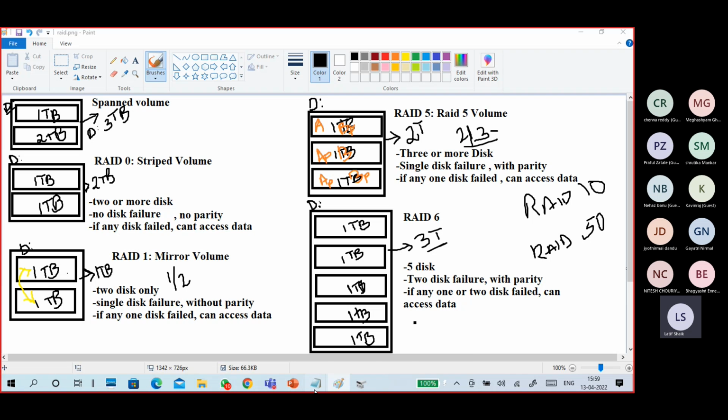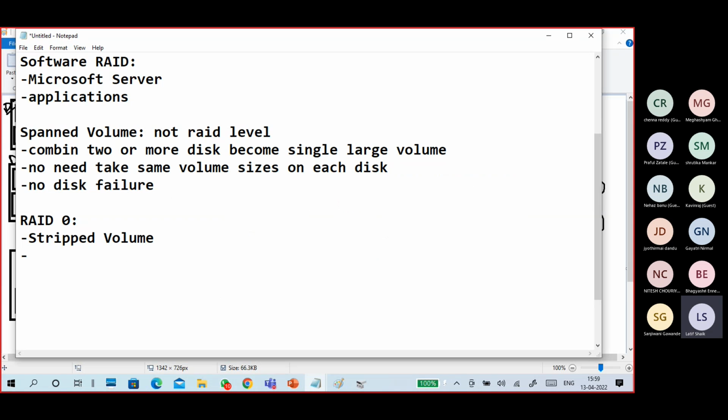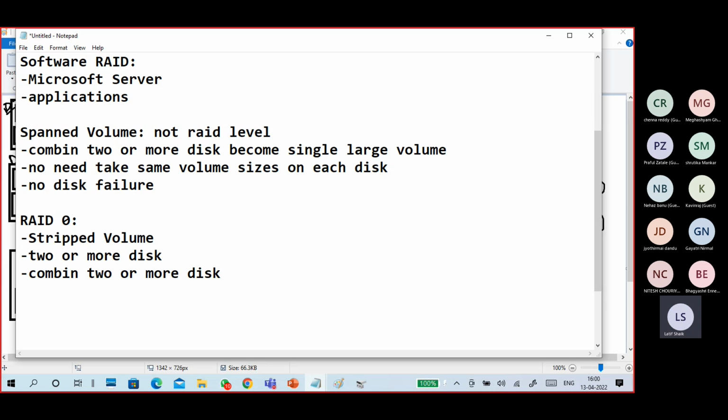Okay. So in the notes, what is there? We use RAID 0 to combine more disks. Again, it also combines disks to become a single large volume.